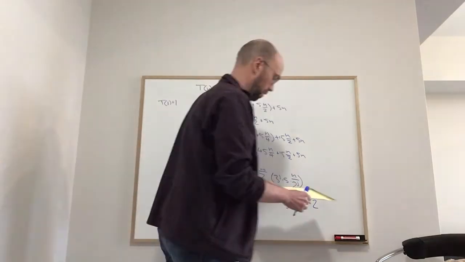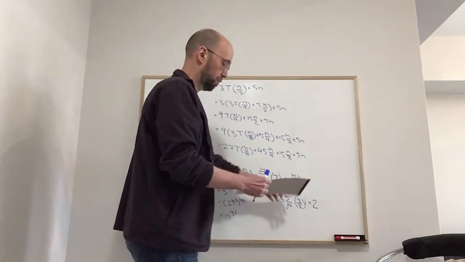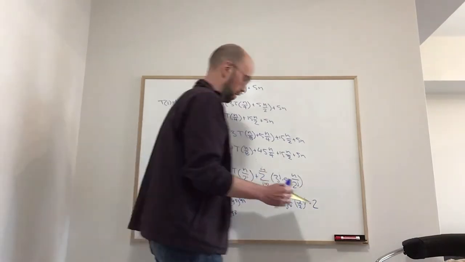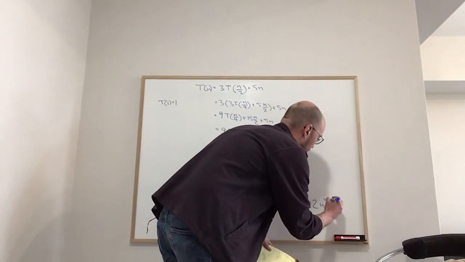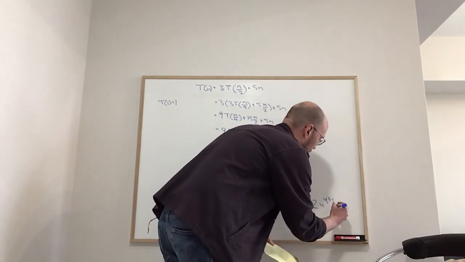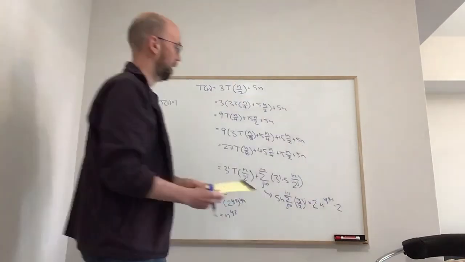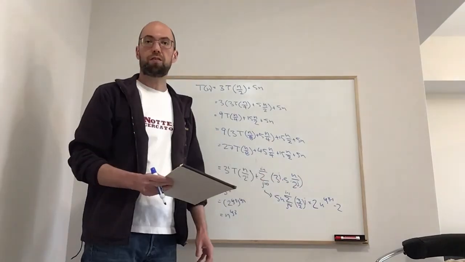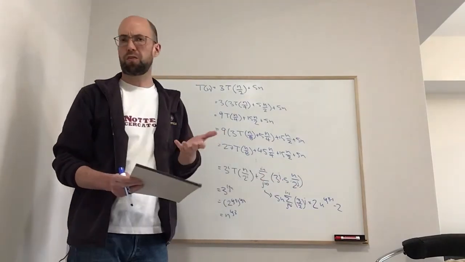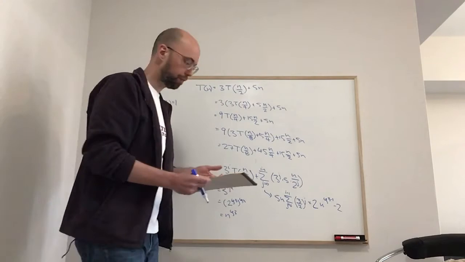If you do all of this, it comes out to 2 times n to the log 3 minus 1, minus 2. Because this is just the sum of a finite geometric series, which you should know how to do from high school.